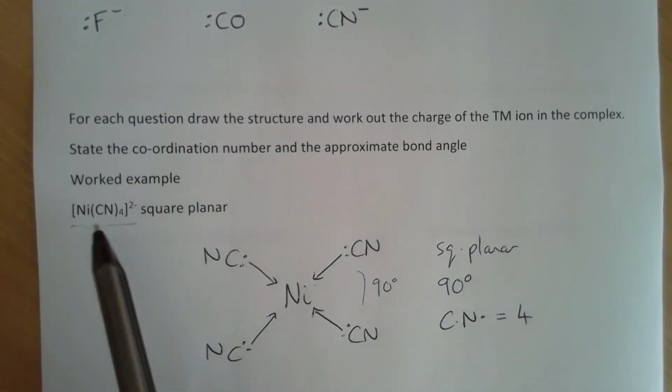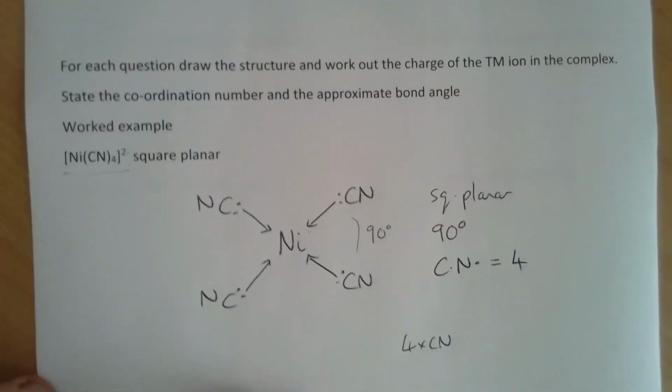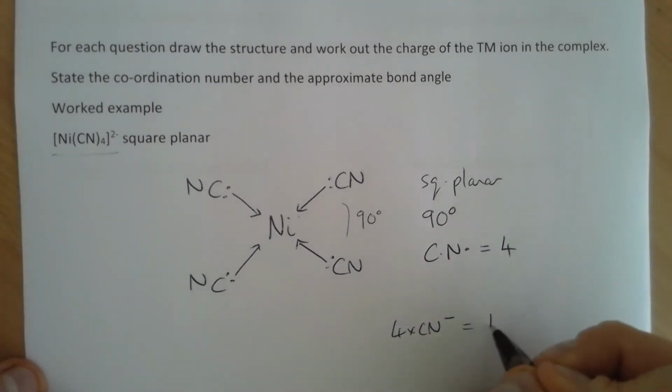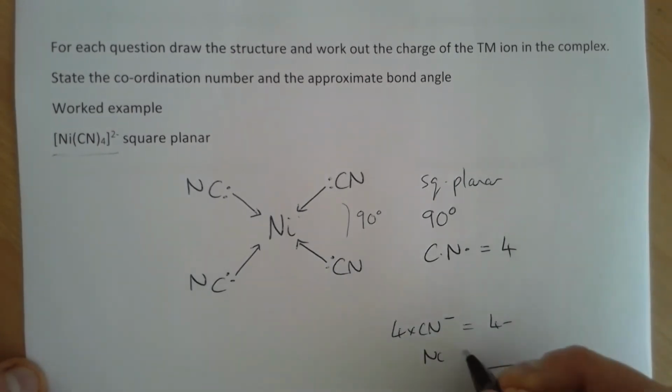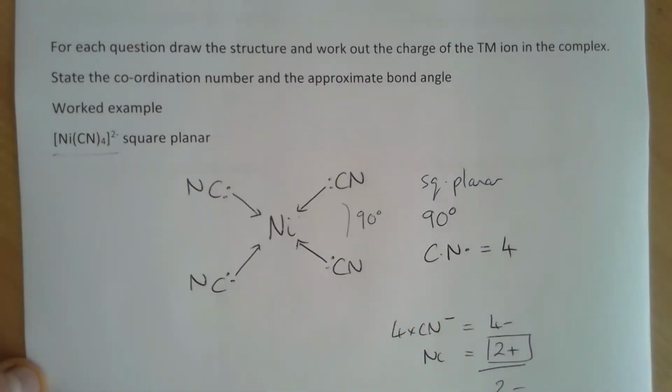And then we're going to work out the charge on the nickel ion. We have got four cyanide ions present. Each cyanide ion has a charge of 1-, which means the total charge due to the four cyanide ions is 4-. And then the complex itself has a 2- charge, which means that the nickel ion, in order to balance that up, must have a 2+ charge.